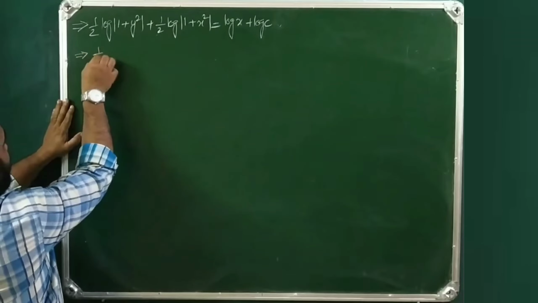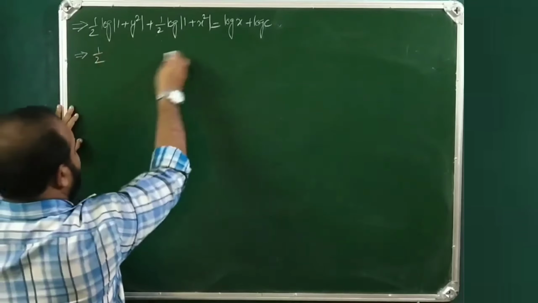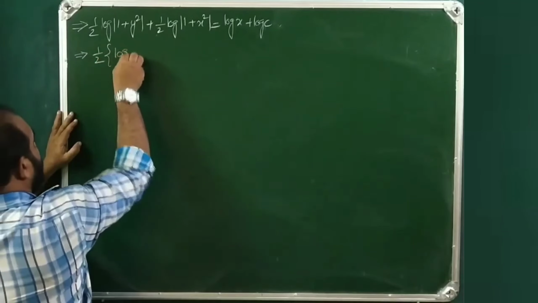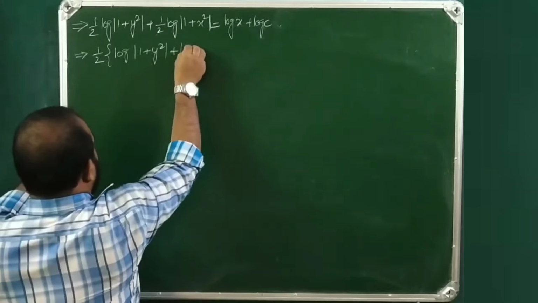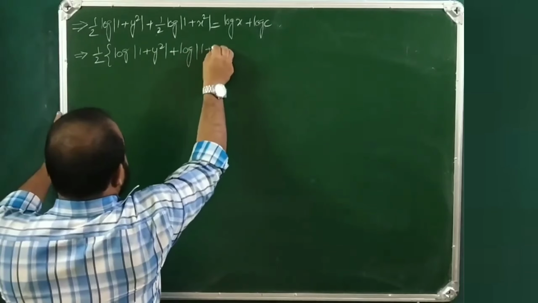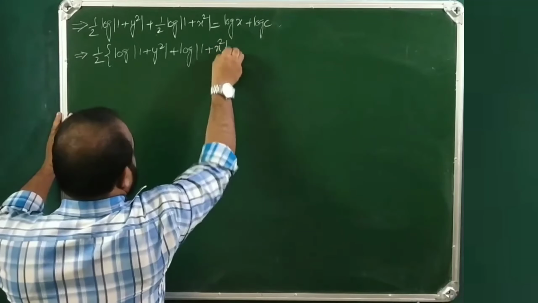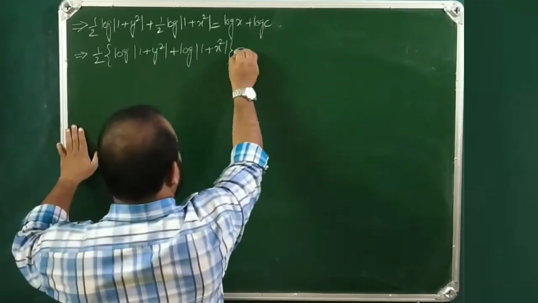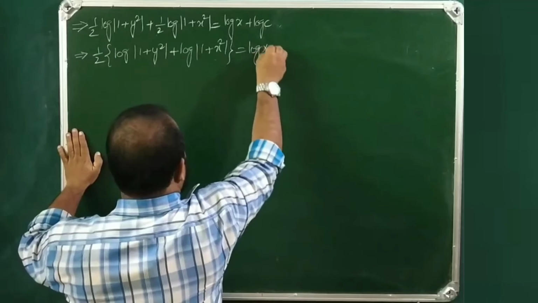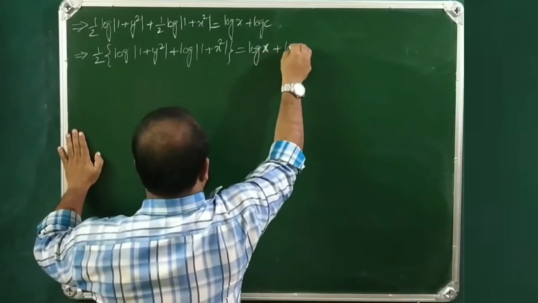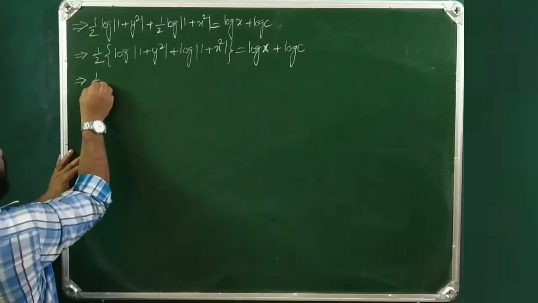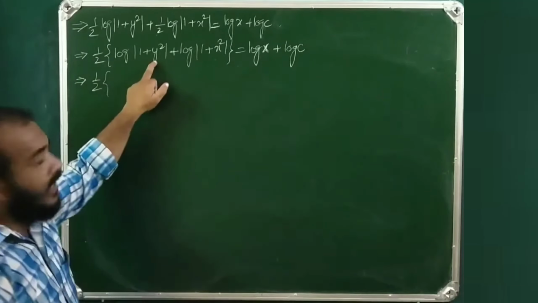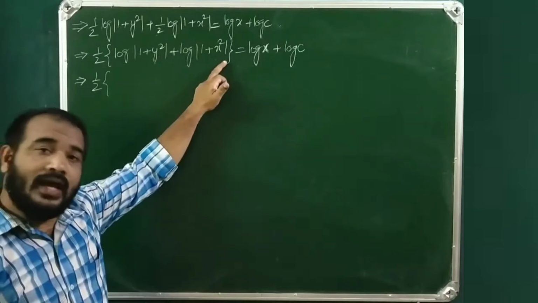Now 1 by 2, if I take common, this is log 1 plus y square plus log 1 plus x square is equal to log x plus log c. Now this is equal to 1 by 2, log a plus log b is log ab.